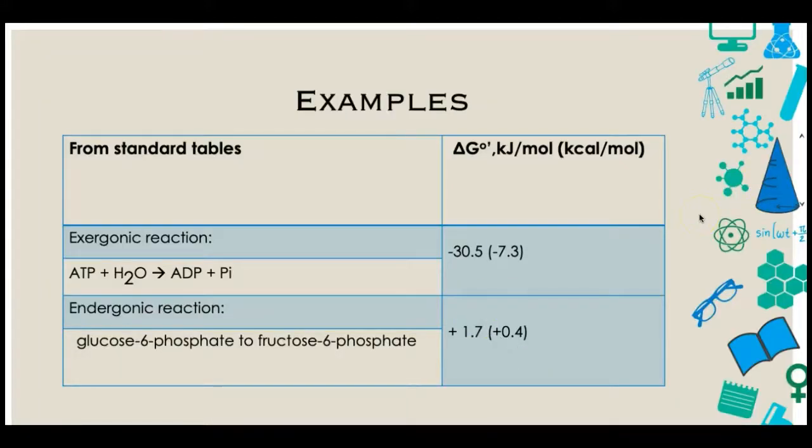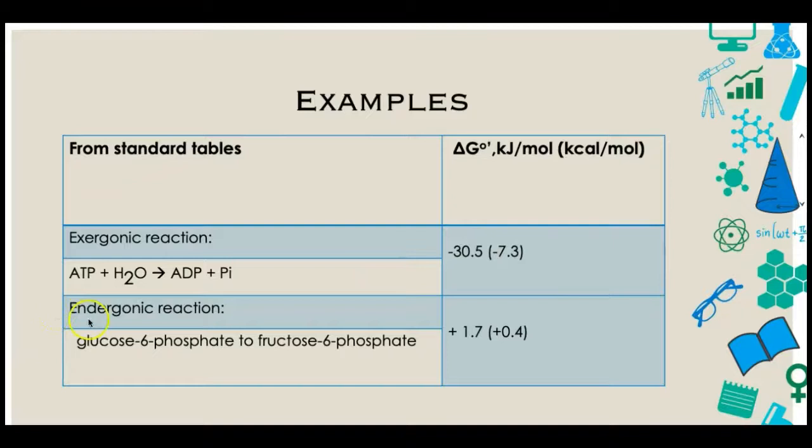Examples of exergonic and endergonic reactions: the first one is the exergonic reaction. This is when ATP undergoes hydrolysis with water to produce ADP plus Pi. The standard energy change is negative 30.5, which means it is a spontaneous reaction.